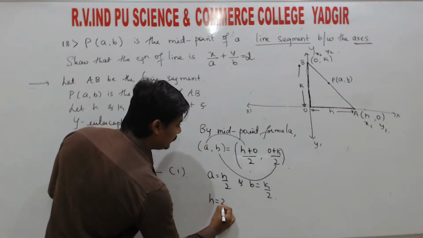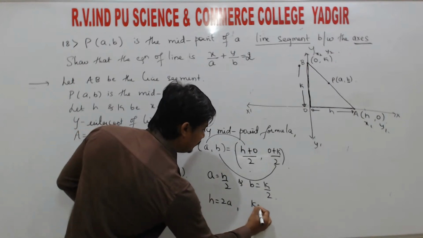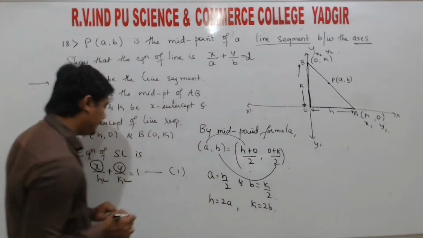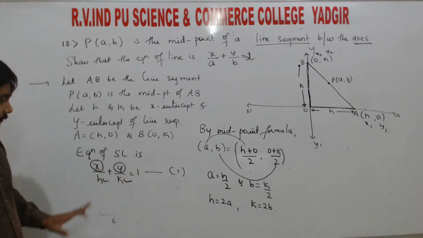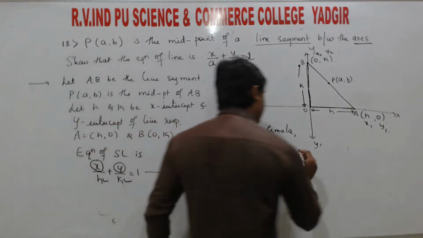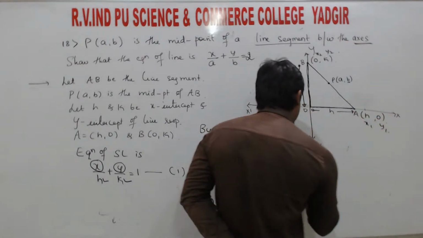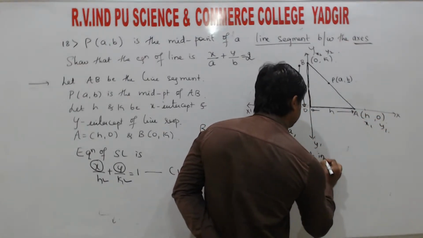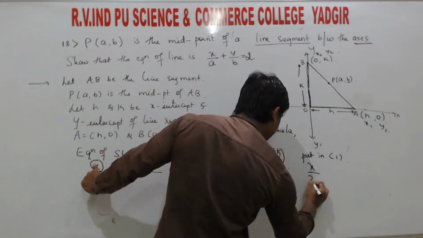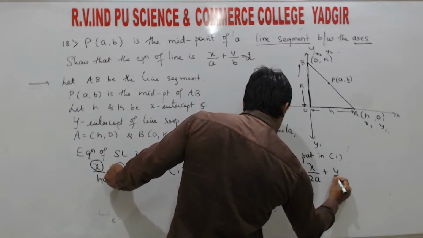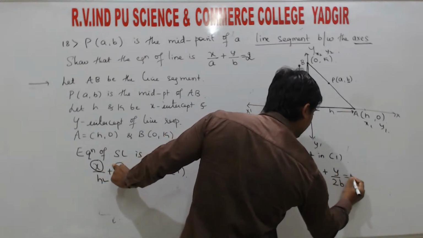So h will be equal to 2a, k will be equal to 2b. ನನಗೆ ಬೇಕಾಗಿದೆ ಏನಿದೆ? h ಮತ್ತು k ನೇ ಬೇಕಿತ್ತಲ್ಲ. ಸೊ h ಮತ್ತು k ಅನ್ನ ಕಂಡುಹಿಡಿಕೊಂಡು ಈ ಈಕ್ವೇಷನ್ 1 ಅಲ್ಲಿ ಪುಟ್ ಮಾಡಿ. Put in 1. So what do we get? x divided by h, which is 2a, plus y divided by k, which is 2b, equals 1.